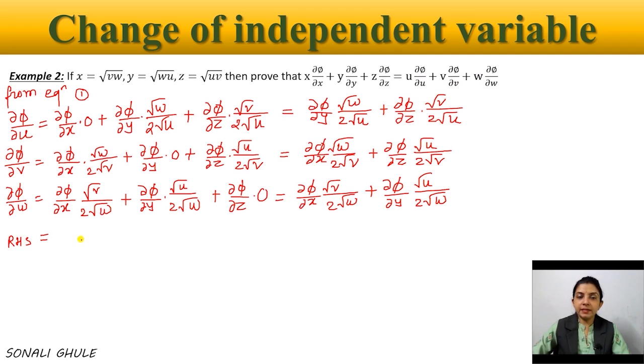So the right hand side is equal to u into dou phi upon dou u plus v into dou phi upon dou v plus w into dou phi upon dou w, right? So if I multiply here dou phi by dou u by u, this is your value for dou phi by dou u. Okay, so I have to multiply here by u.